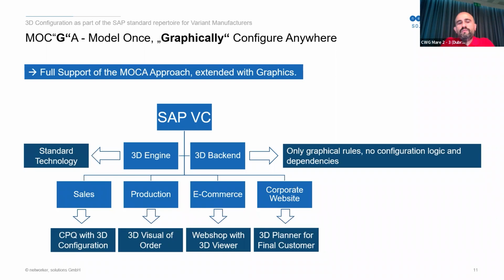I can use the 3D visual in the order and give it to the shop floor if needed, into the production order, giving a kind of help to the employee on the shop floor to work with the representation of the product configured and then to be processed. And of course, I think the most potential is in e-commerce, the web shop with a 3D viewer, kind of standard, of course, maybe for some products or in the future. And last but not least, also a corporate website can use a 3D planner for his or her final customer.